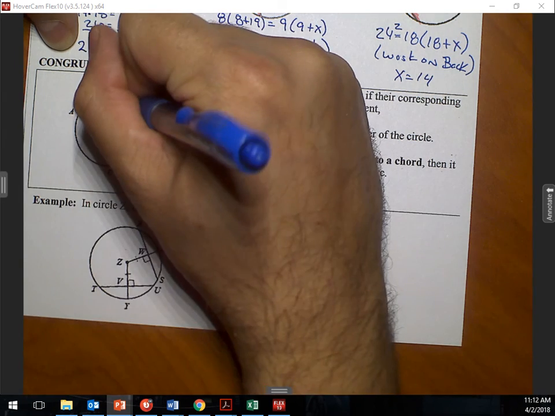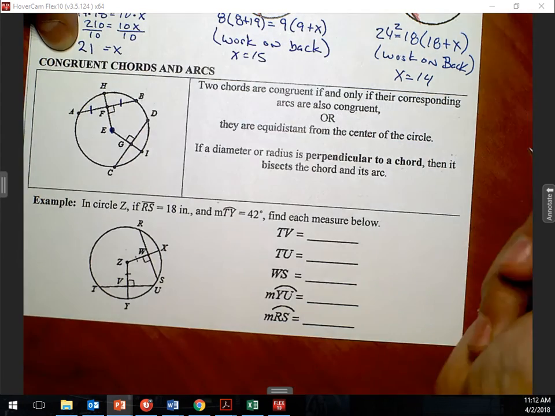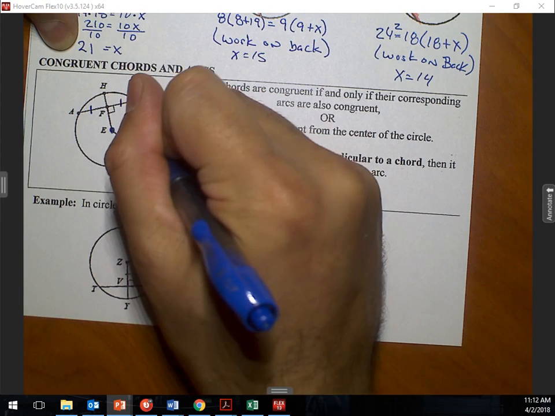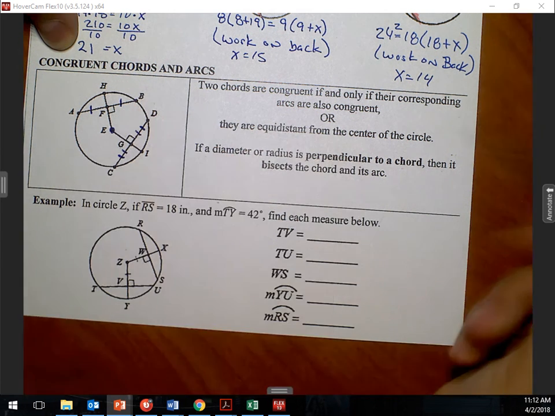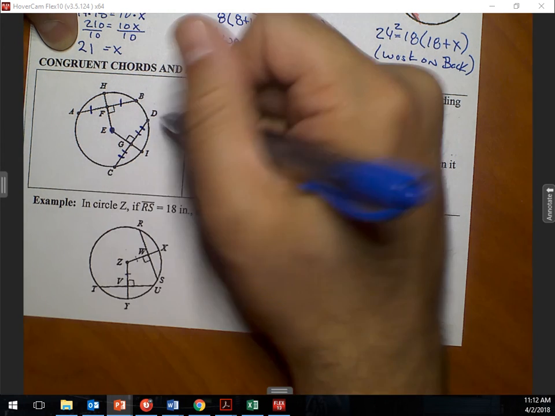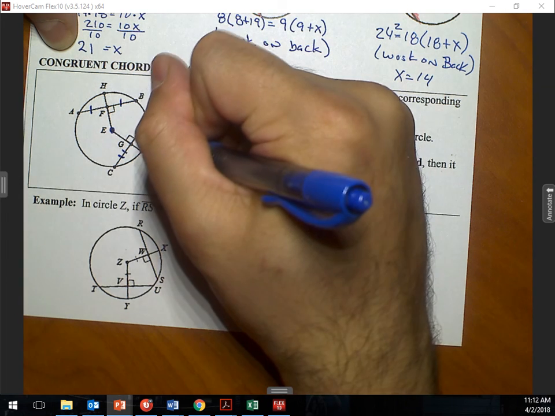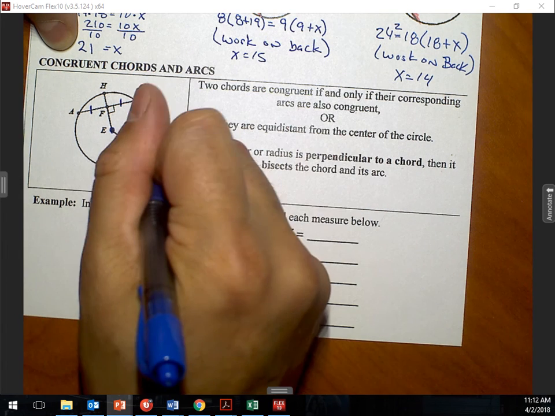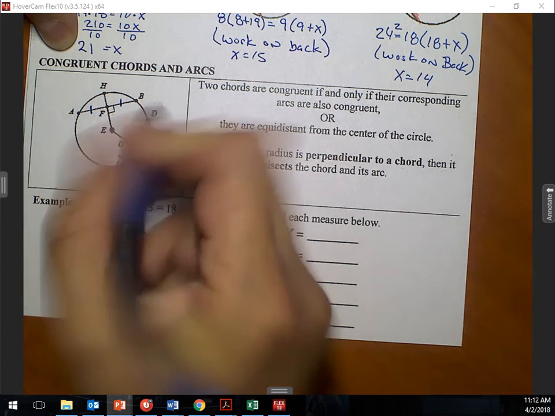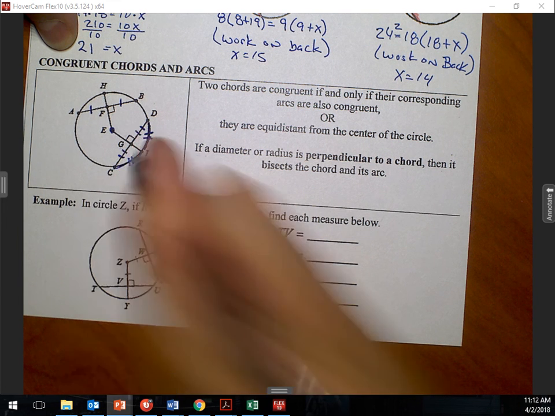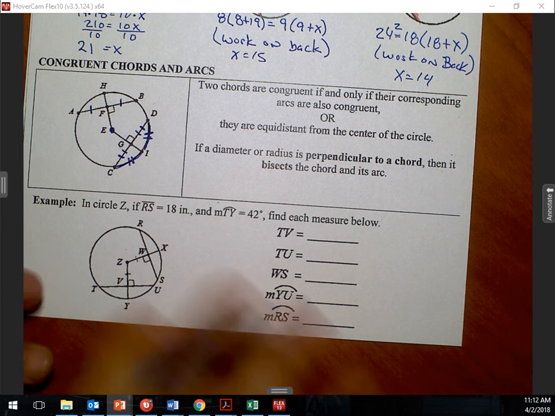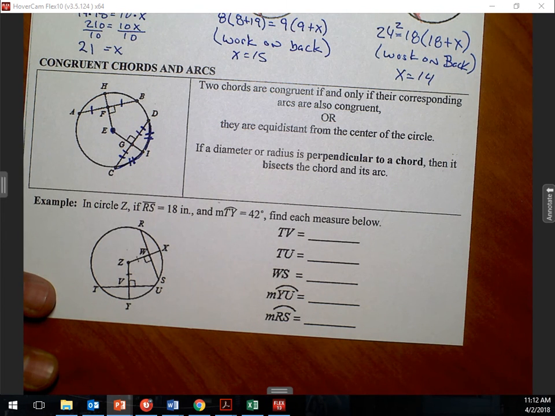If this piece is the same, these are going to be the same. These two are going to be congruent. And because of that, my arc right here is going to be congruent to this arc right here.